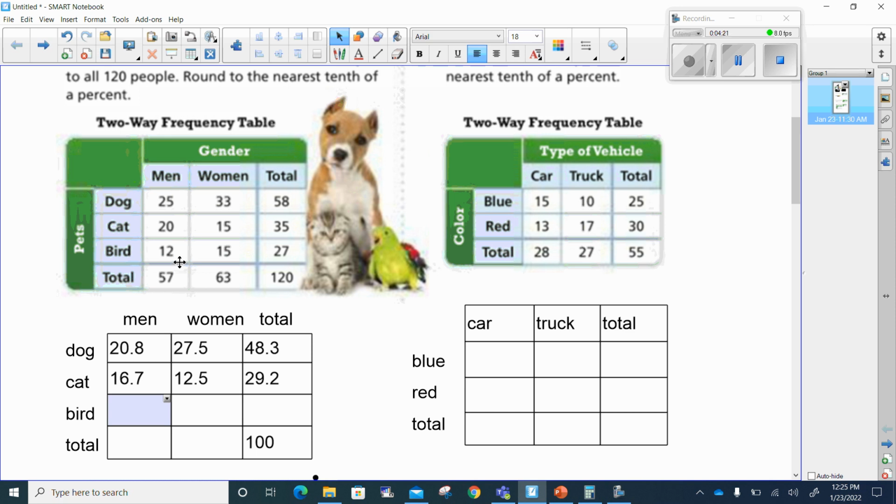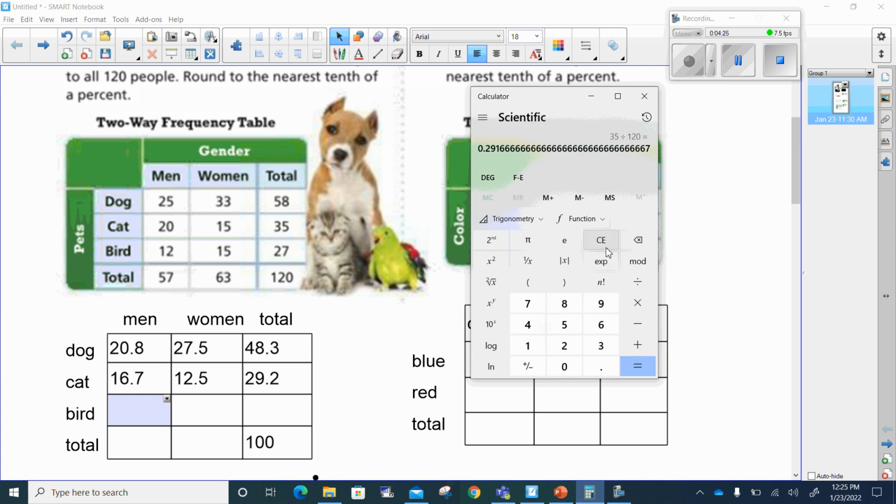That would be 12 divided by 120. That's 0.1, so when we move the decimal over twice, it'd be 10.